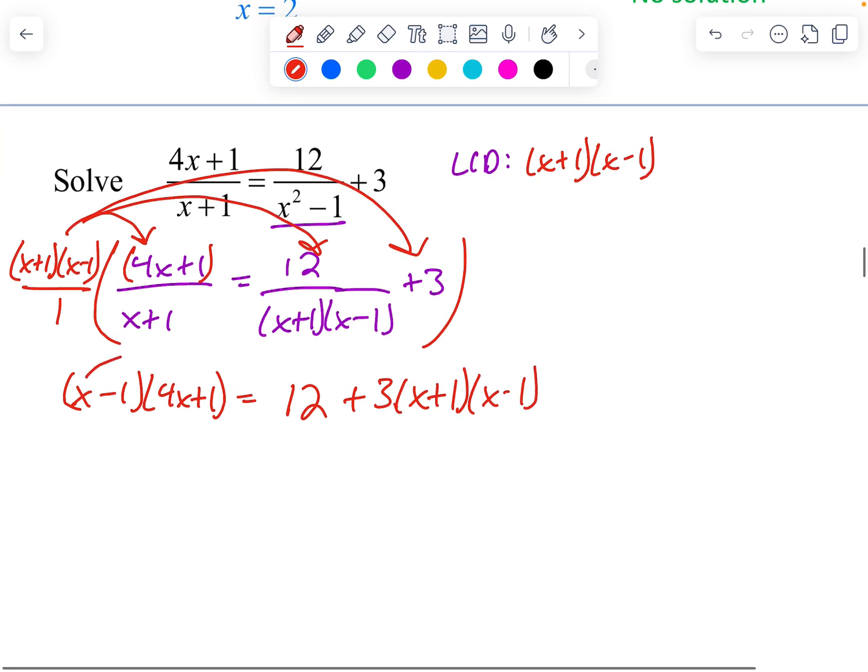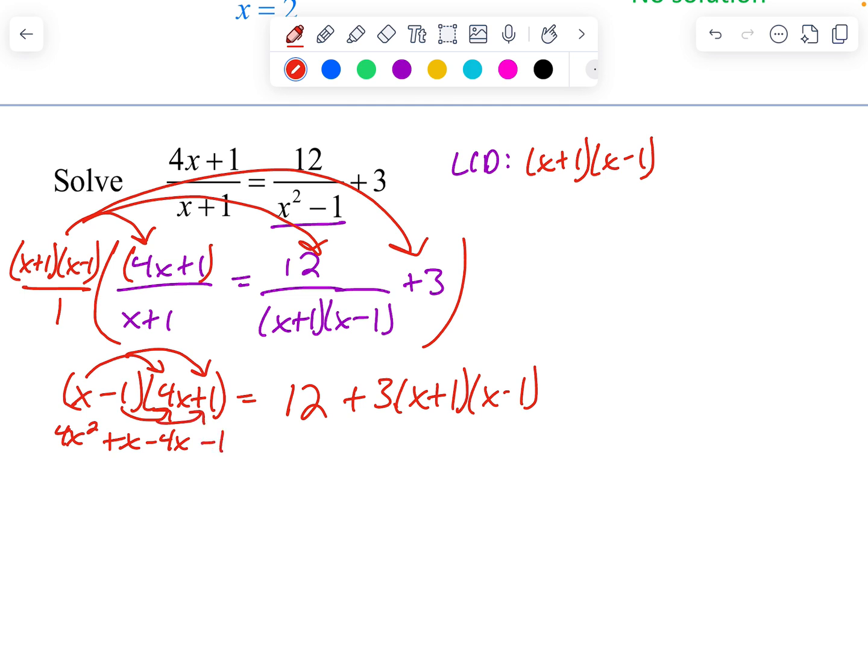Okay, which leaves us with quite a bit of simplifying to do. If I FOIL these binomials together, x times 4x is going to give me 4x squared. X times 1 is going to give me plus x. Negative 1 times 4x is going to give me negative 4x. And negative 1 times positive 1 is going to give me a negative 1. Over here, let's start by foiling the x plus 1 and the x minus 1.